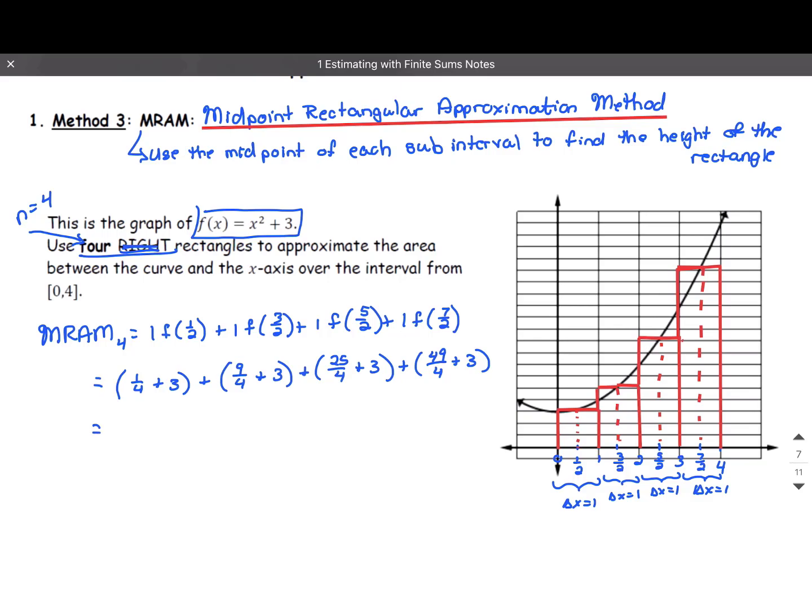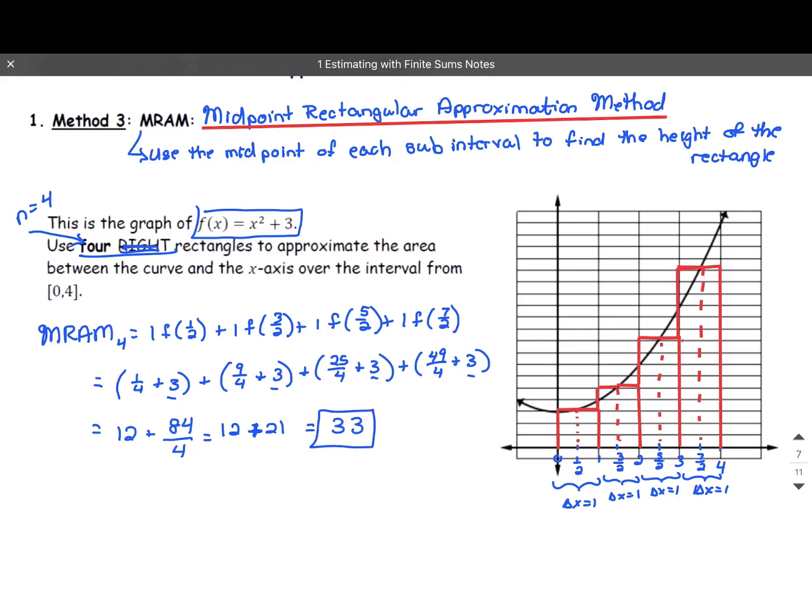Now, if I just add up my 3's, 3, 6, 9, 12. That's 12. Okay. Now let's add up here. 1 and 9 and 25 and 49 is 84 fourths. Now 4 goes into 84 21 times, which means we have a sum of 33.